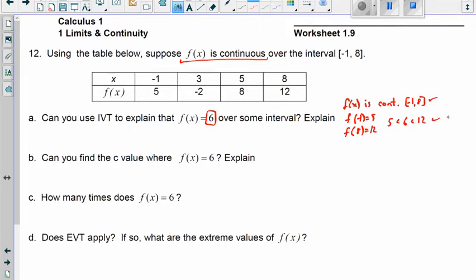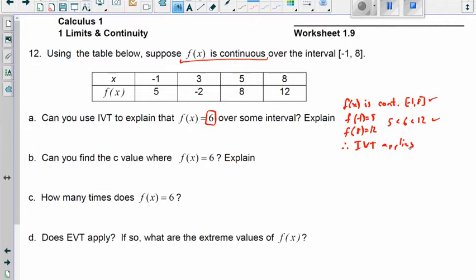You could use a couple others in here too if you wanted to. You don't have to use the endpoints as long as you find two values somewhere in the chart that are around 6. So one lower, one higher. So therefore we could say IVT applies.